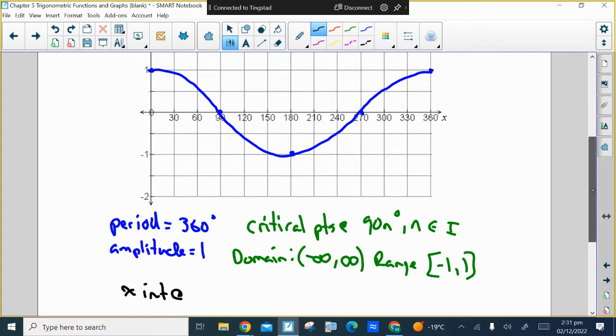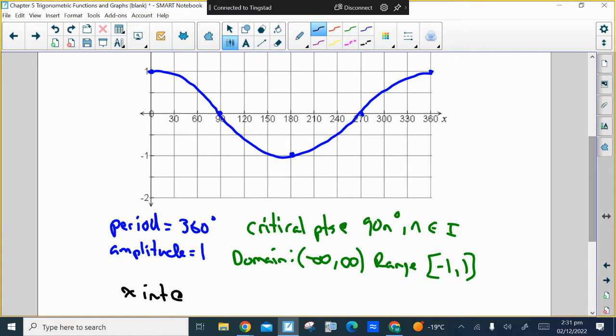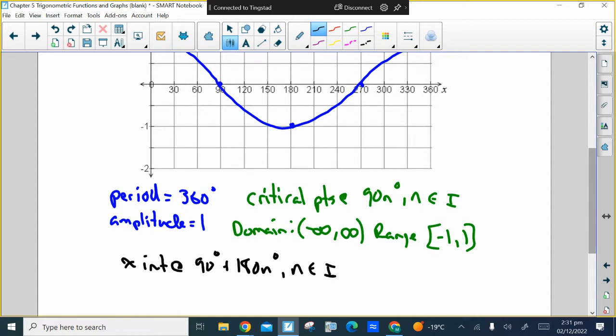Our first x-intercept is at 90 degrees. The next one is 180 degrees away. So 90 degrees plus 180n degrees is a statement for the x-intercepts. When n is -1, you'll be at 90 degrees minus 180, which would be at -90 degrees. That'll be the first x-intercept to the left.